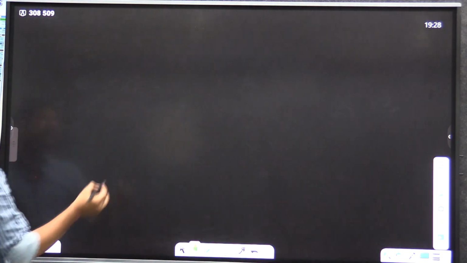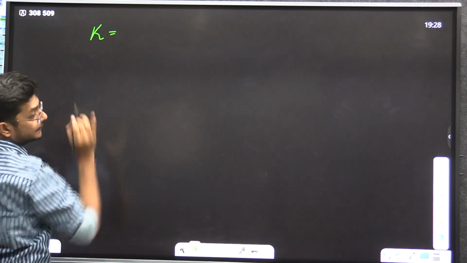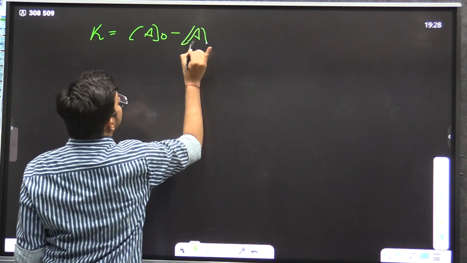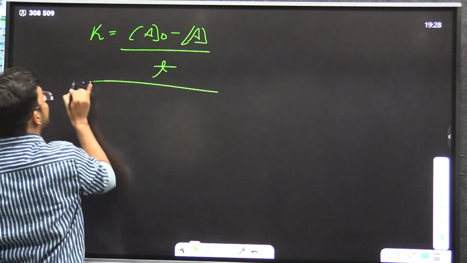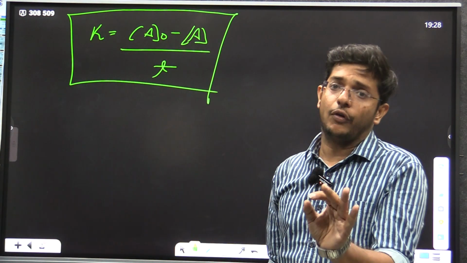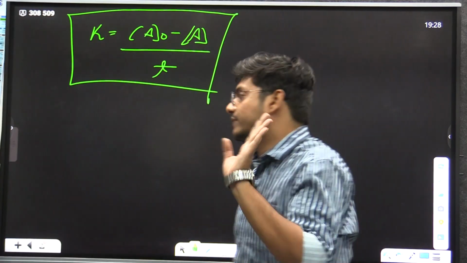From here we get the value of K, which is A naught minus A over t. This is the value of the rate constant for zero order kinetics.